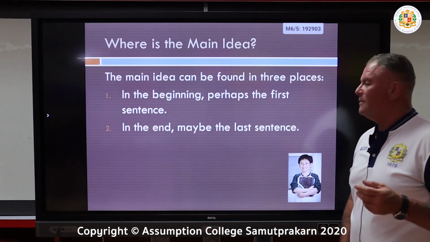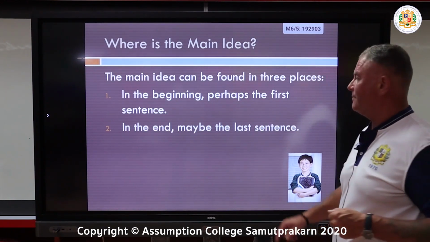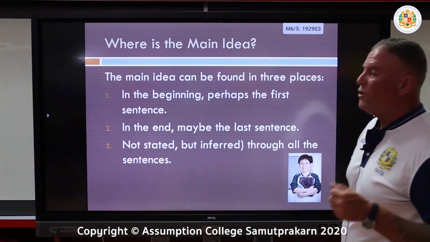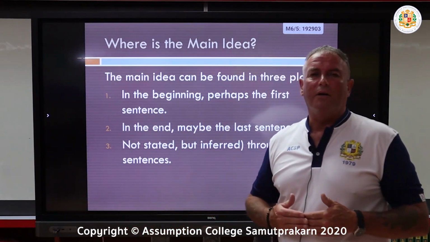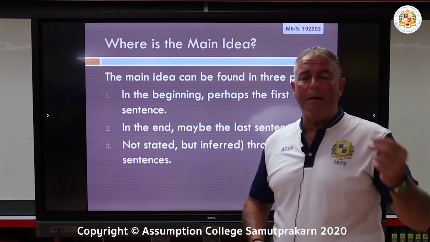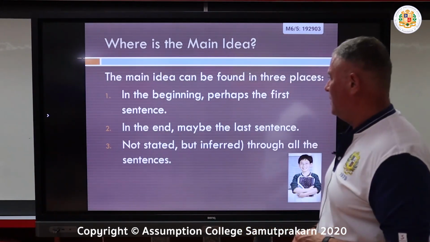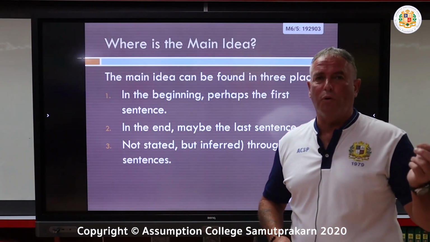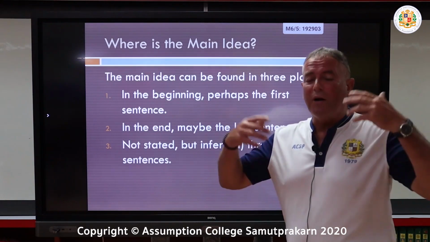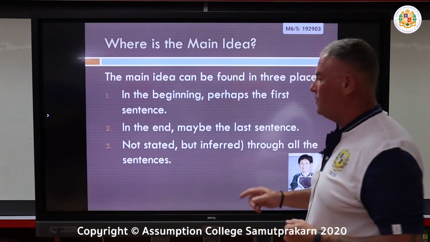In the end, it may be the last sentence. Or not stated. We will do this in the second file, the unstated, the implied main idea. And with this, we have to use the supporting details to find out what the main idea is about.